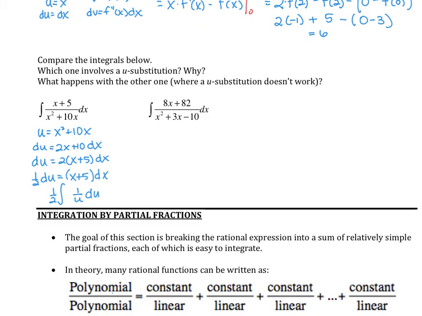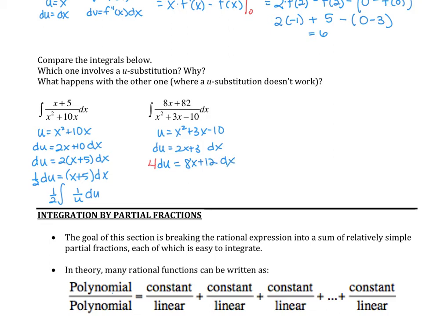Well, this next one, if I let u equal x squared plus 3x minus 10, then du would equal 2x plus 3 dx. And I know I need it to equal 8x plus 82, so maybe I multiply both sides by 4, so we get 4 du equals 8x plus 12 dx.